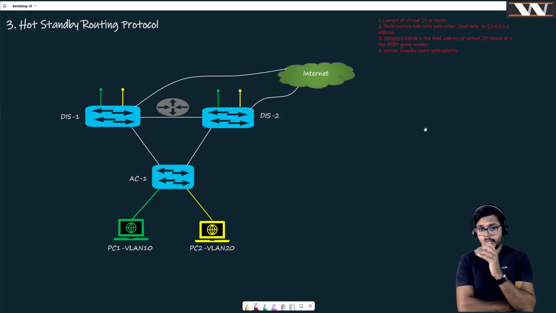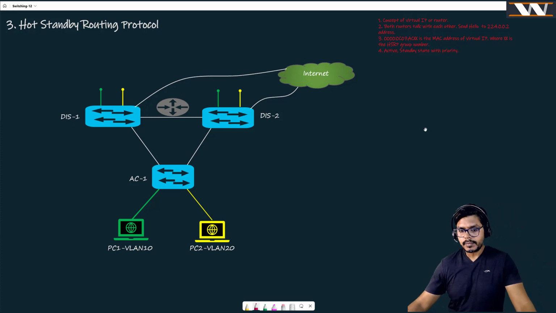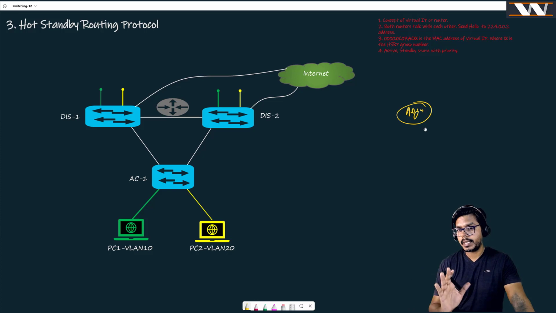Okay. But what is the problem? See, most of the time, if you see this asymmetric path, believe me, asymmetric path is not a problem until and unless you have some firewall in between. And there is a specific case I think I have explained somewhere.